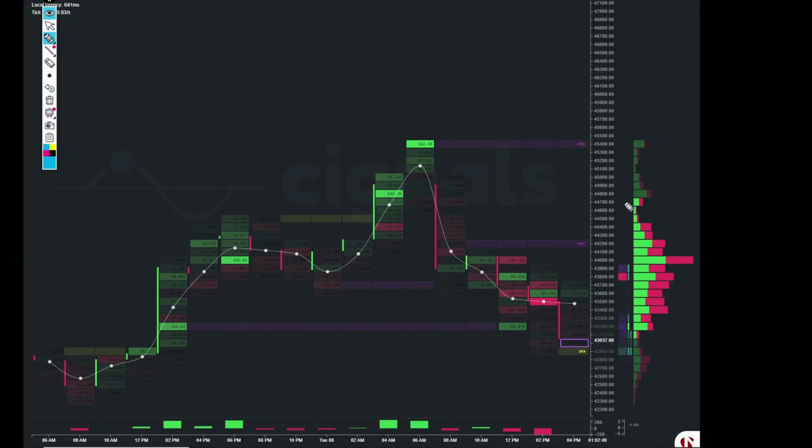Obviously, the higher up or the lower you go on time frames, it'll change the skewness of the profile depending on your tick size, depending on what time frame you're on, and all that good stuff. But for now, we're on a 2-hour cluster delta chart with $100 ticks, I believe.